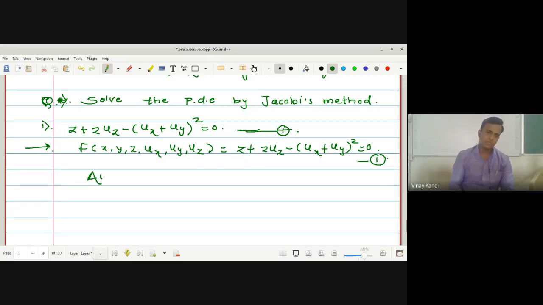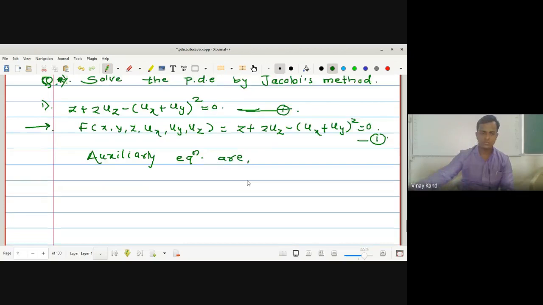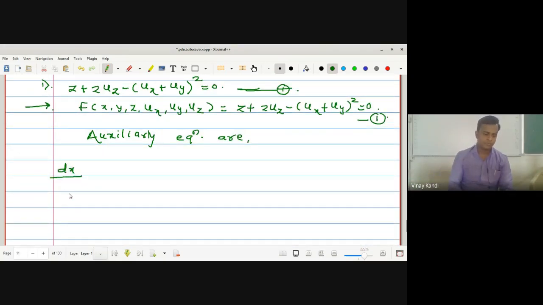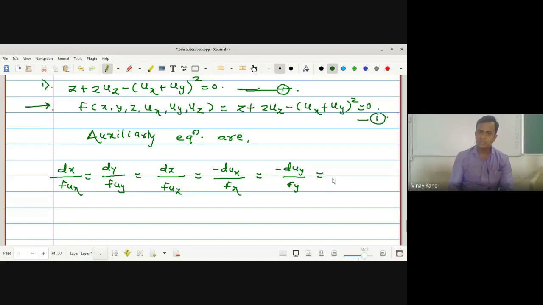What are the auxiliary equations? dx upon fux equals dy upon fuy equals dz upon fuz equals minus dux upon fx equals minus duy upon fy equals minus duz upon fz.